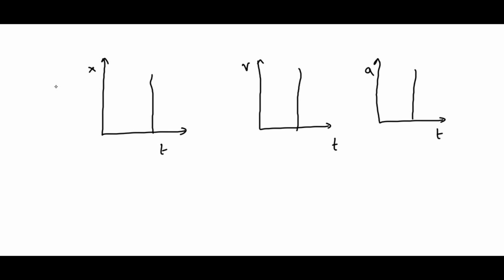So position time, velocity time, acceleration time. In all these cases, at the same time, the velocity goes from 0 to infinity, position goes from 0 to infinity, acceleration goes from 0 to infinity. Such types of graphs also won't exist.